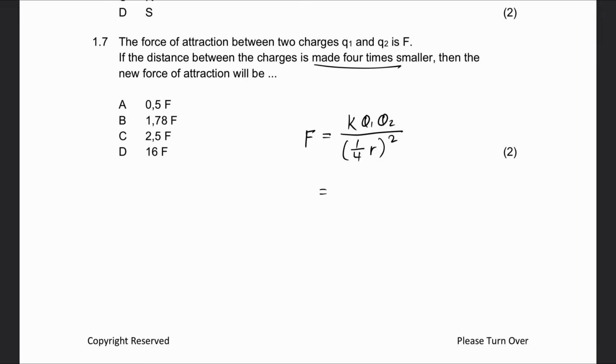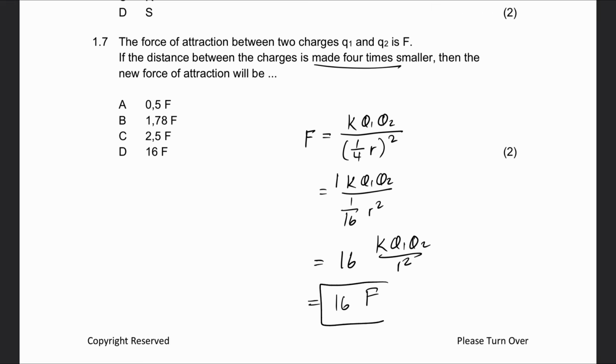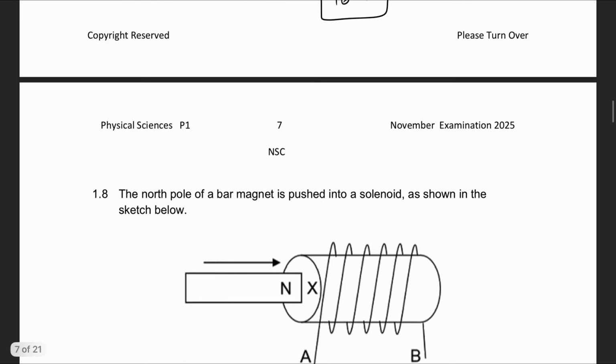Now we simplify, we're going to get K Q1 Q2 over 1 over 16 r squared. So 1 divided by 1 over 16 is essentially 16. And then K Q1 Q2 over r squared is F. So it's going to be 16 times the original force. So I should say that this is the new force. So the answer here is going to be D.